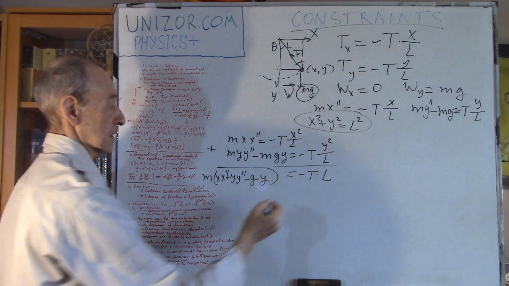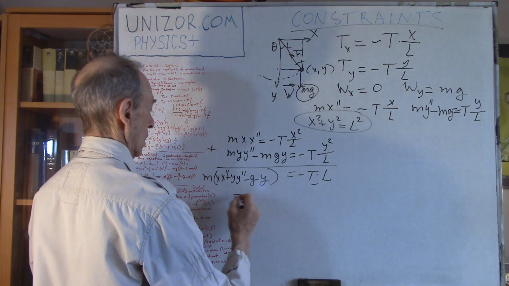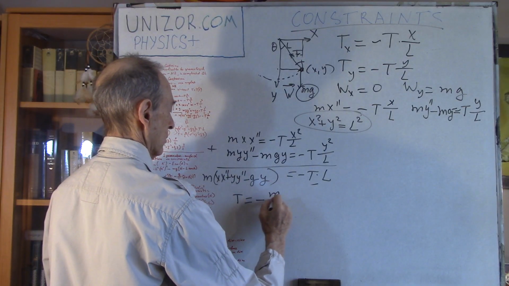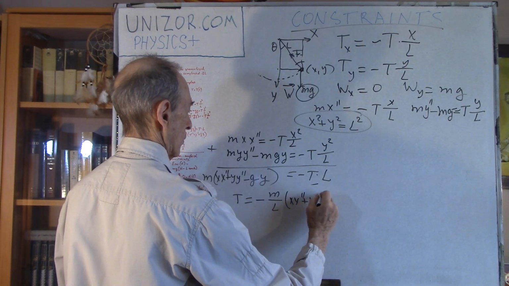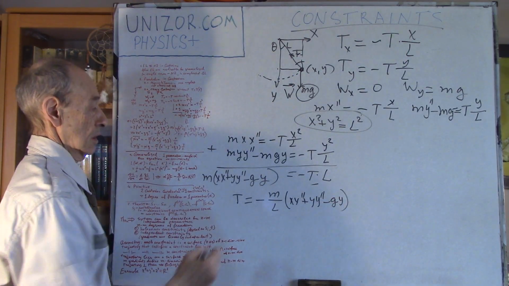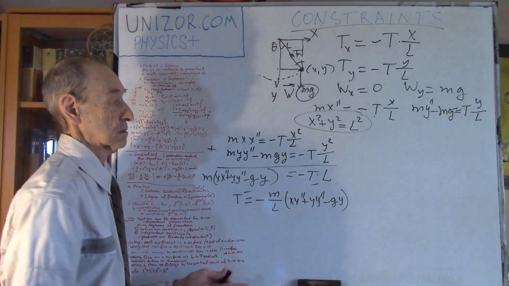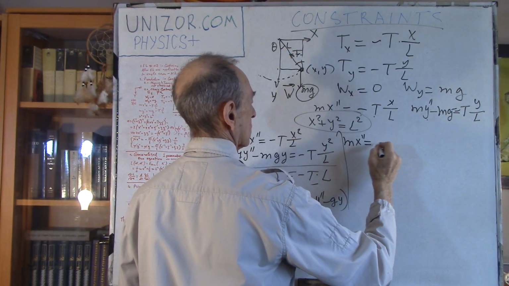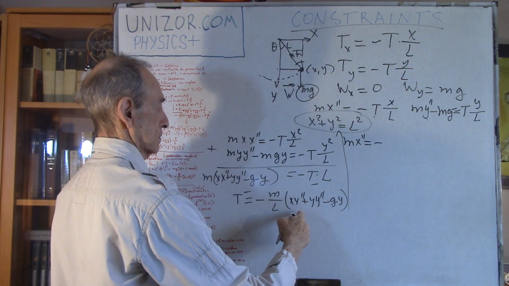Okay, now we can get rid of T. T is equal to this divided by minus L, so it's minus m divided by L times x double prime plus y double prime minus gy. Okay, now what should we do? Well, we put this and substitute in these two equations, and we get rid of T, right? So what is it? mx double prime is equal to minus, instead of T, I will put this one.